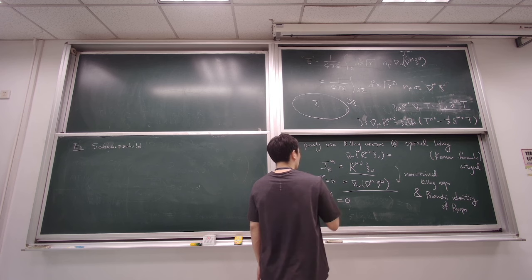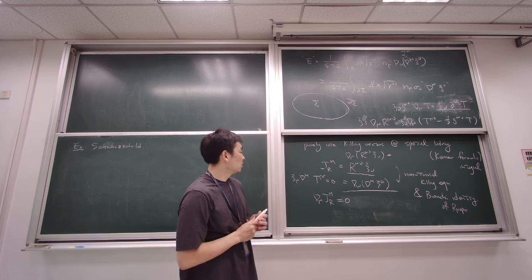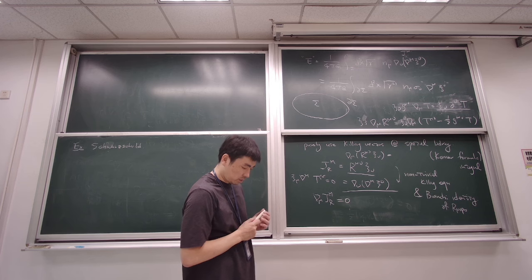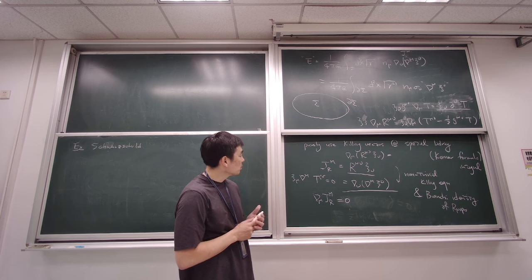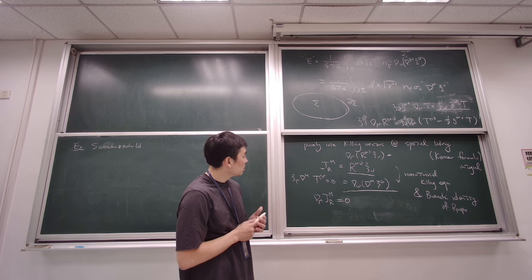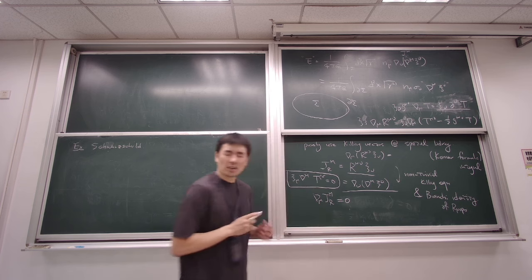This should be 0, right? How do I show this one? There must be a way to show this one by using the Einstein equation.